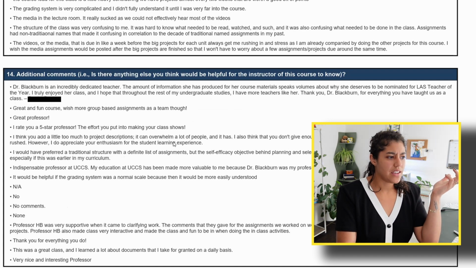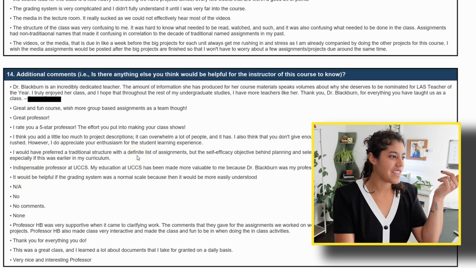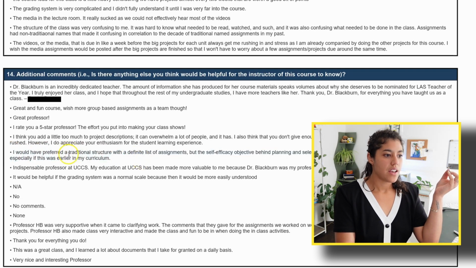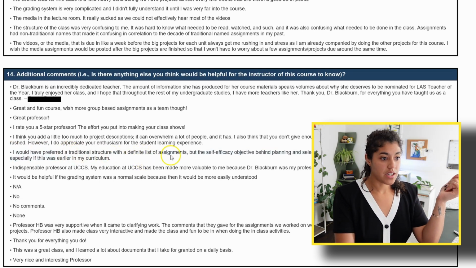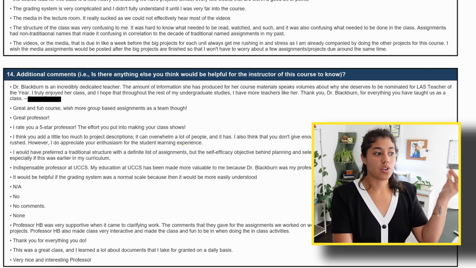And people were like, yeah, it would be nice to have a traditional structure because it's easier. It's like, well, yeah, but I'm not going to do that just because it's easier. And I think this comment really exemplified that. I would have preferred traditional structure with a definite list of assignments, but the self-efficacy objective behind planning and selecting our work was a rare, necessary wake-up call, especially if this was earlier in my curriculum.